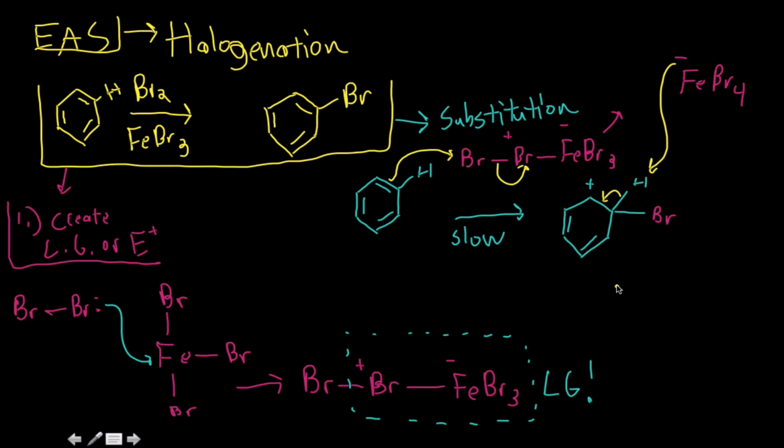The only reason that we do this is because this reaction is going to happen super, super fast. Because when you pluck that proton off and that lone pair goes back in, you have restored aromaticity. So if you're restoring aromaticity, this reaction is going to happen with super fast rates. And what you have attached is a bromo group or bromine group.